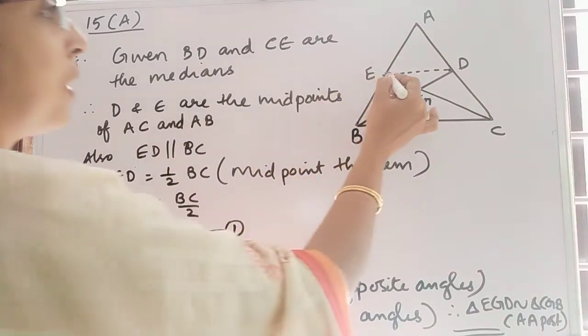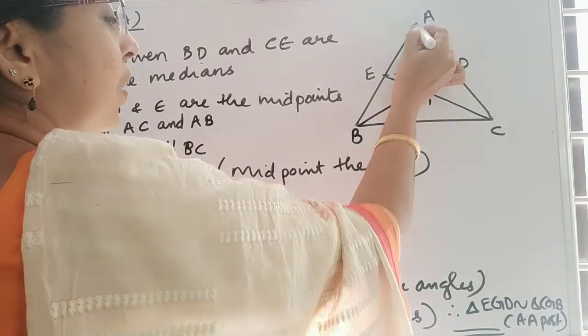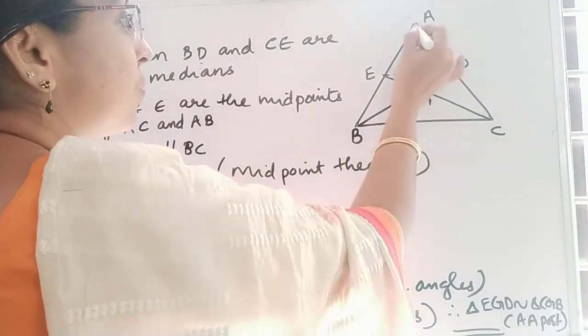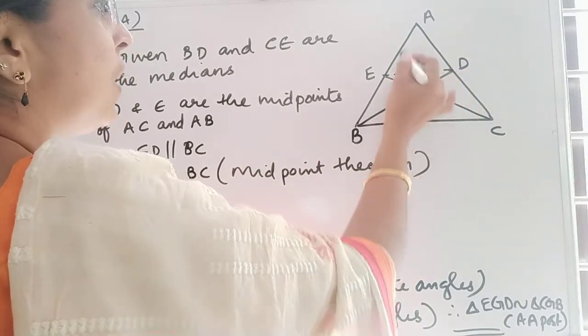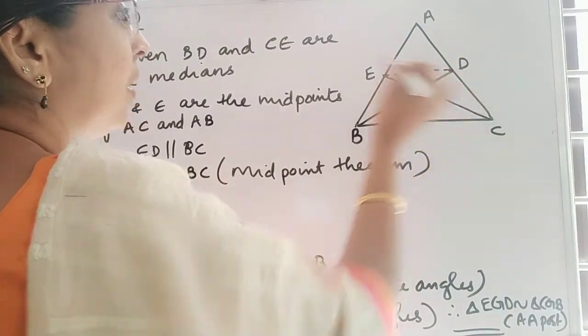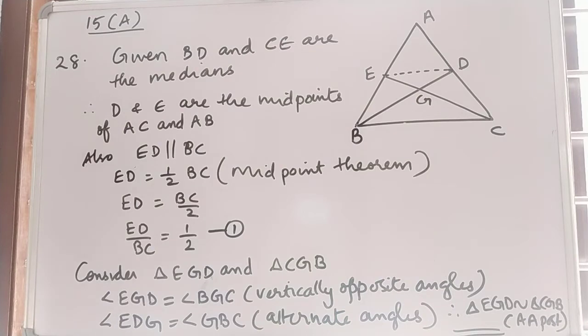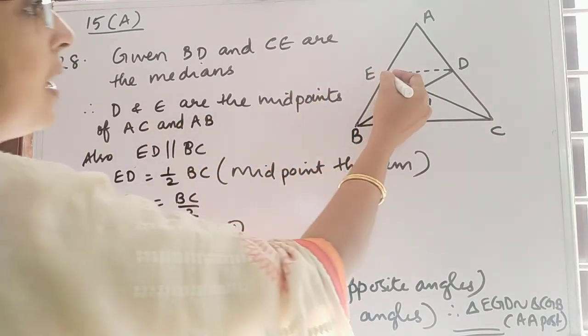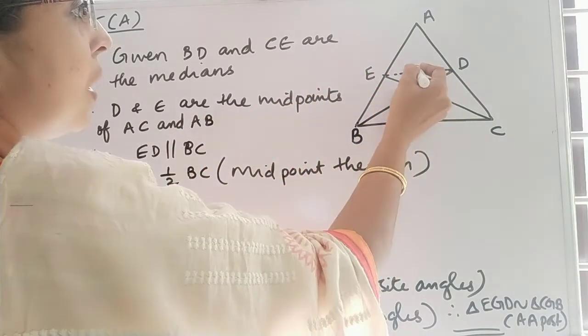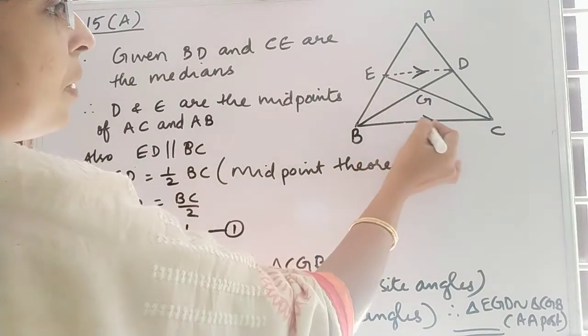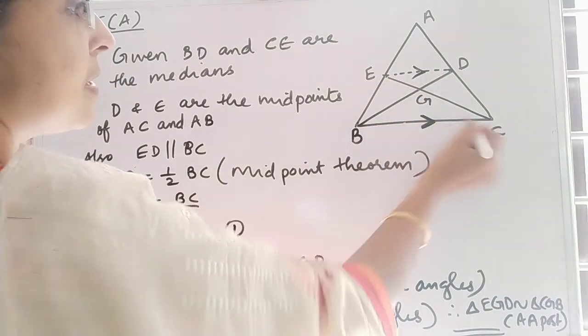Here ED is the line segment joining the midpoints of two sides of the triangle. The midpoint theorem says that this line segment will be parallel to the third side.